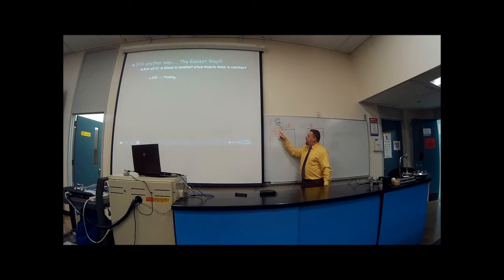That's telling us that the kidney is working properly. That creatinine is going this way. In other words, the creatinine is not staying in the bloodstream. Does that make sense? If there was some kind of disease, and let's say the kidney is not functioning right, then the creatinine is not going to be able to get into the nephron, which means the creatinine is going to stay in the bloodstream, which means that the plasma creatinine is going to increase.